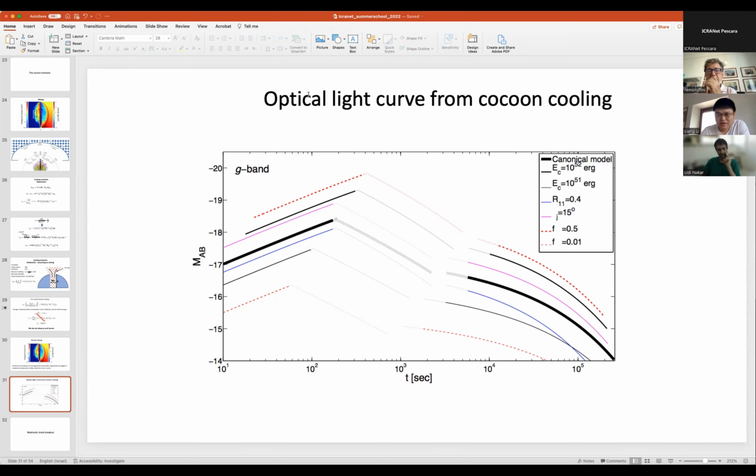So in case of GRBs that are pointing towards us, whenever we see the prompt emission, we know that the jet is pointing towards us. The afterglow is so much brighter that we are not expecting to see any emission from the cocoon. It's negligible.